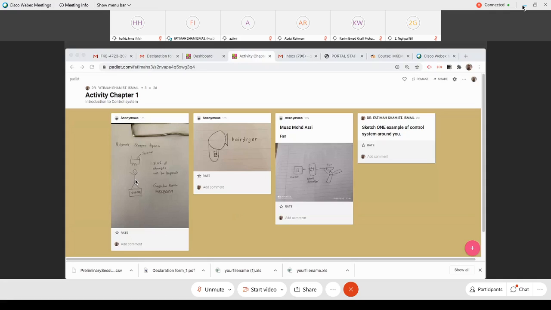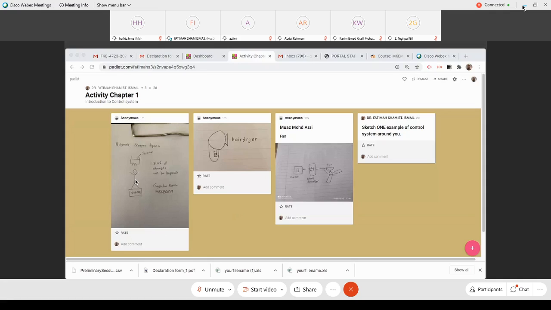Okay, after we identify what is the input, what is the output, what are the components involved in this system. Okay, so actually after you complete chapter 1, you will draw the block diagram to represent your control system, the real components involved in your control system.